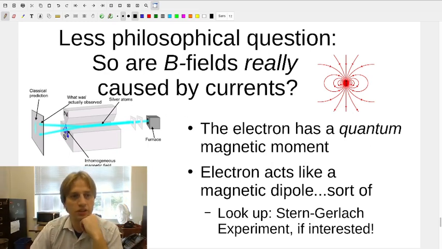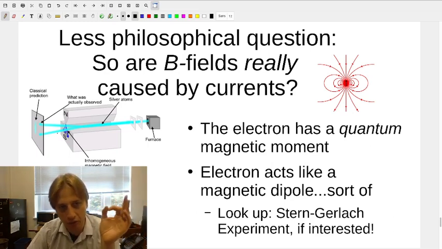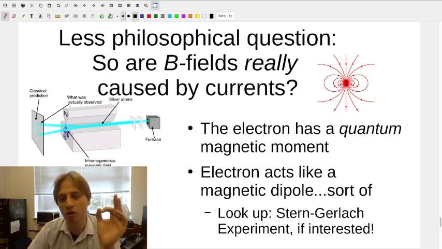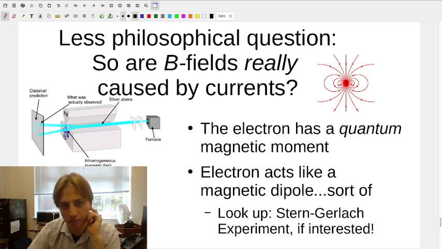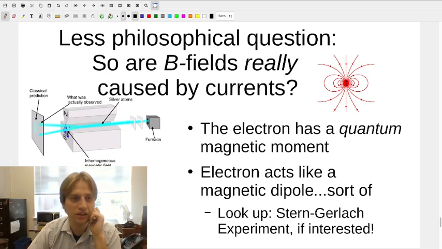But what's a little bit funny is that instead of acting just like a classical dipole, that magnetic moment, when you measure it in a really strong magnetic field that's inhomogeneous, so that means it's not the same going right to left, instead of just splitting the path of the electron into a smear like you would expect from the classical prediction, it turns out you have to use quantum mechanics to predict probabilities of the electron going up or down.